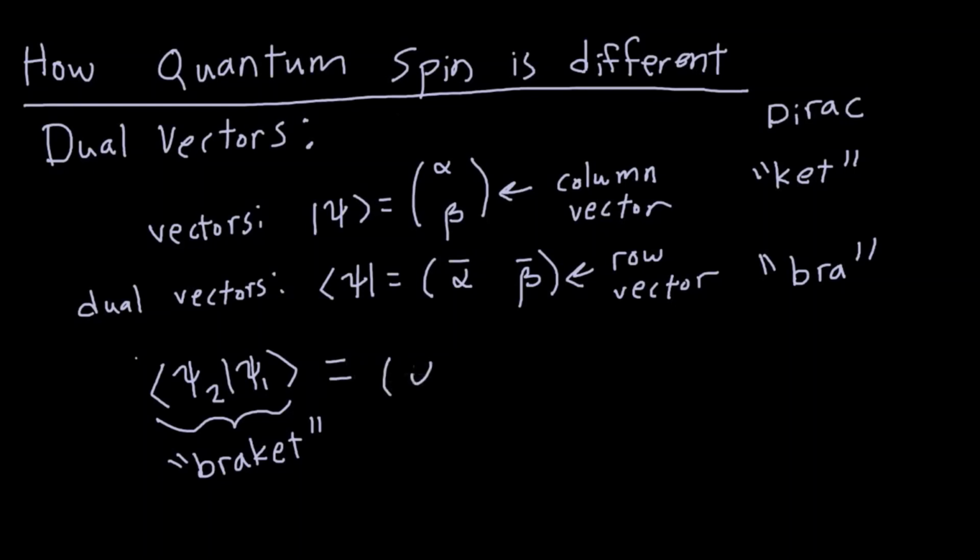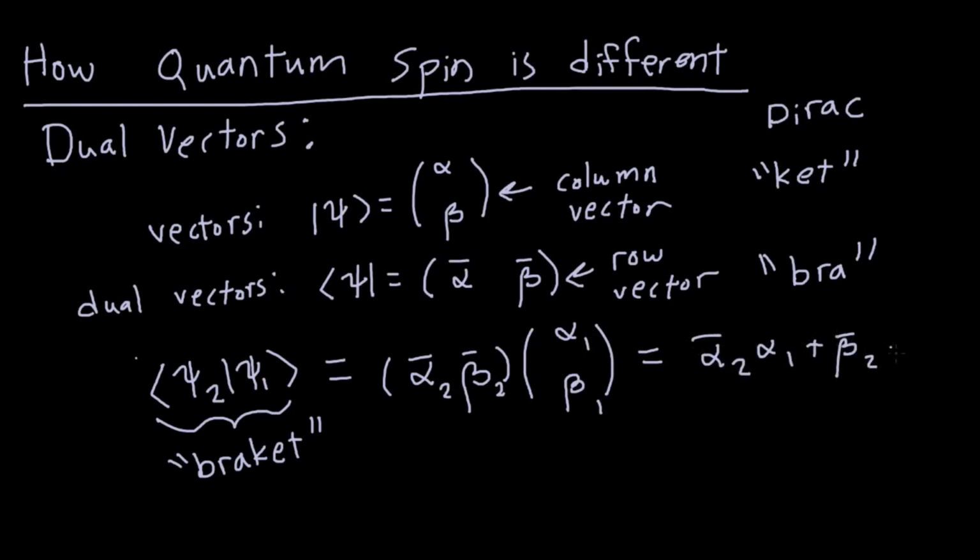If you're familiar at all with matrix multiplication, let me actually just write all this out. So if you're familiar at all with matrix multiplication, you might recognize this as, I think it's a 2x1 matrix.